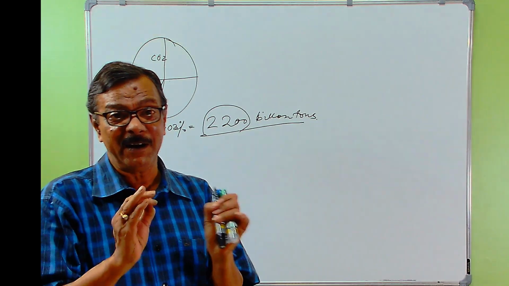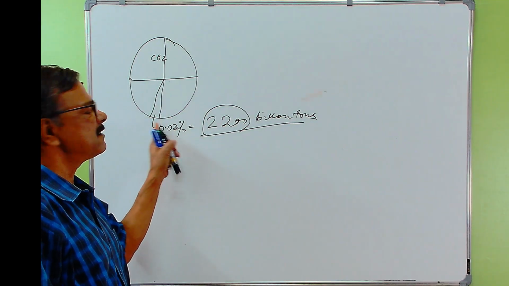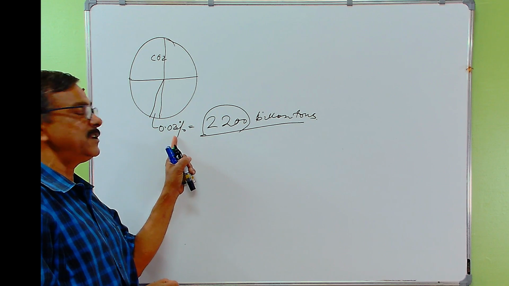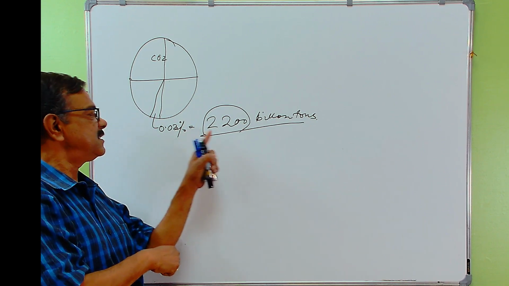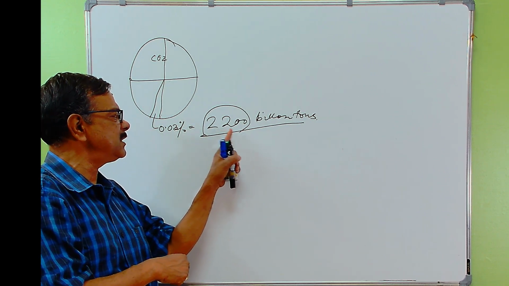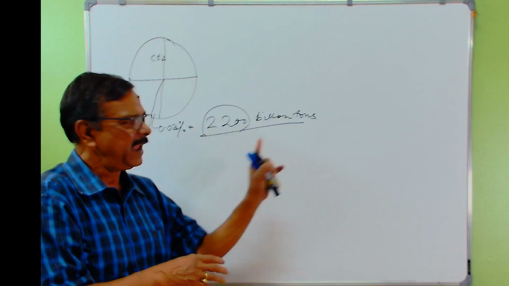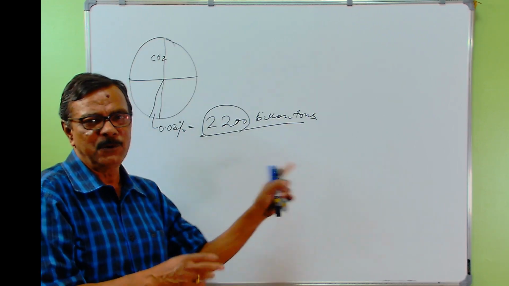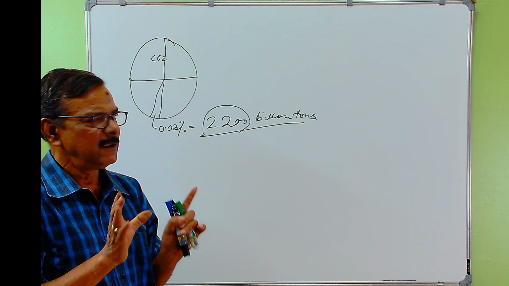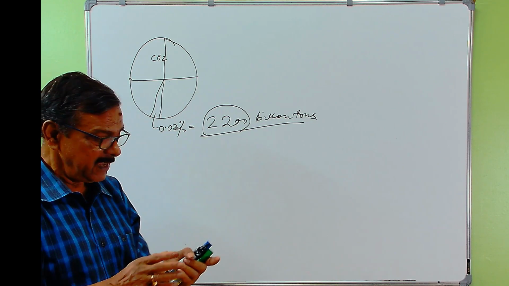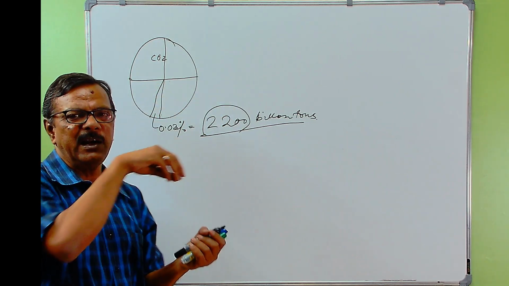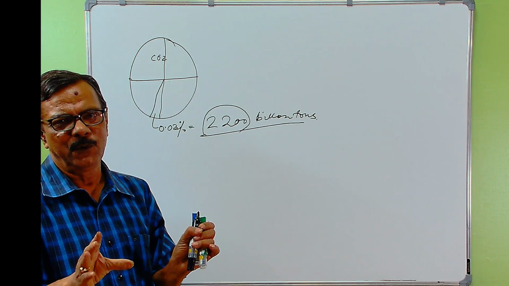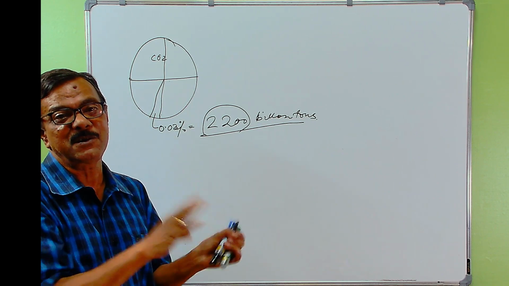That is 0.03, it is less than 1%. Still it accounts for 2,200 billion tons, and it can sustain photosynthesis for a few hundred years, even if there is no replenishment, no further addition of CO2.